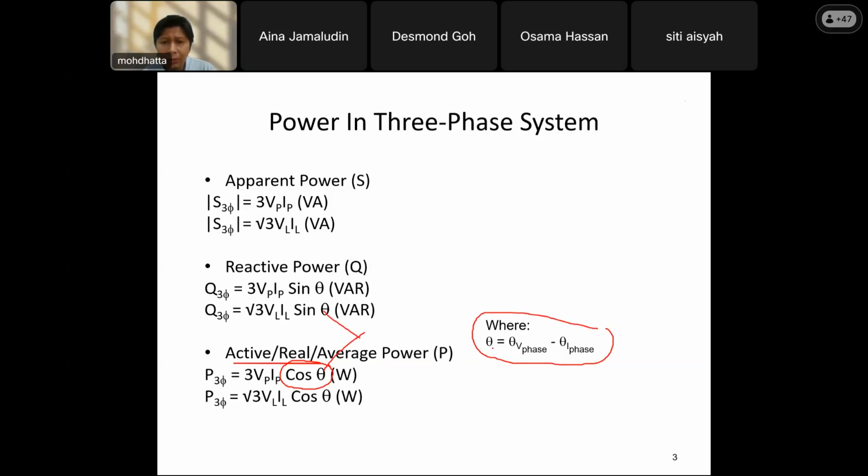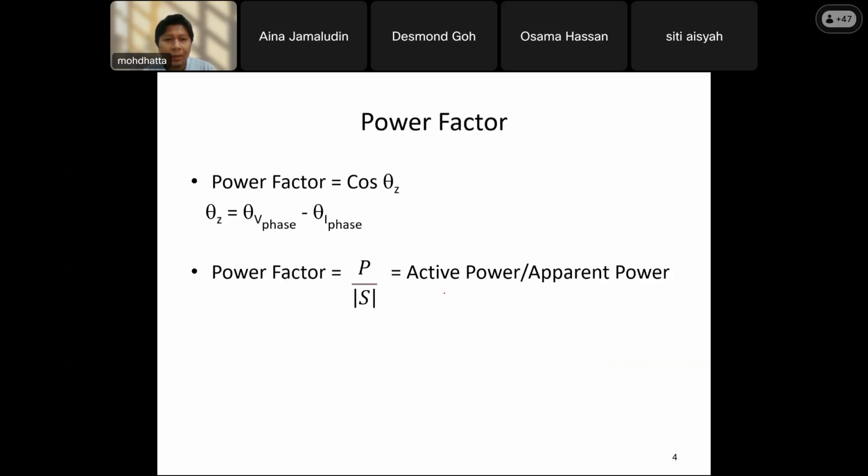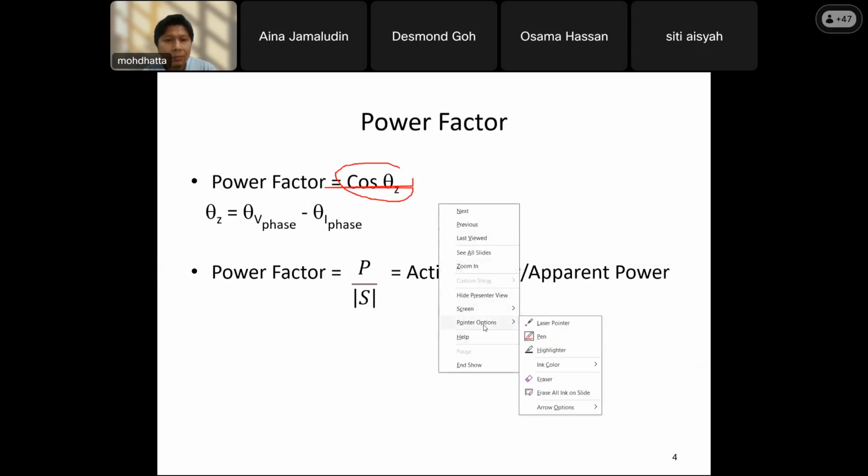And this brings us to the definition that this is actually the information we get from our phase impedance. So we can say that this theta is basically theta Z. And to calculate a power factor, we need this cos theta. Here I put it as theta Z for the power factor, cos theta that we need to use.